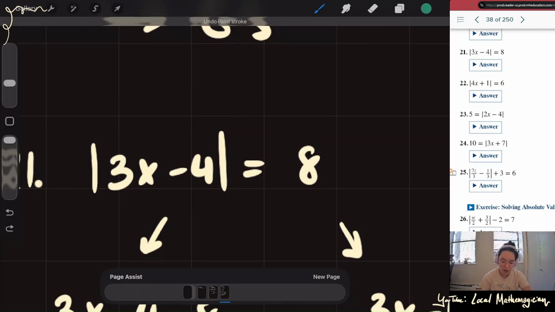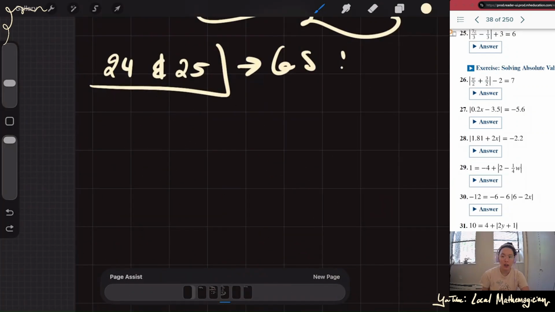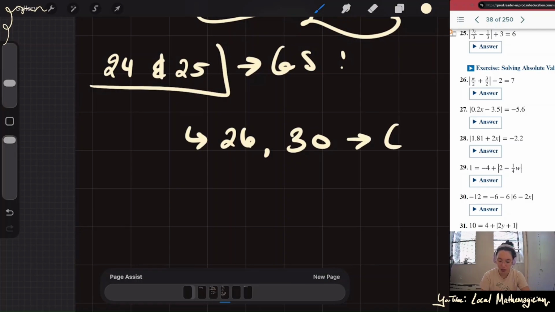Okay? And then you can do some really interesting stuff with exponential functions and stuff like that, but that's a problem for later. Alright? Okay. I want you guys as well to do numbers 26 and 30. Okay? Send it straight over to Gradescope.